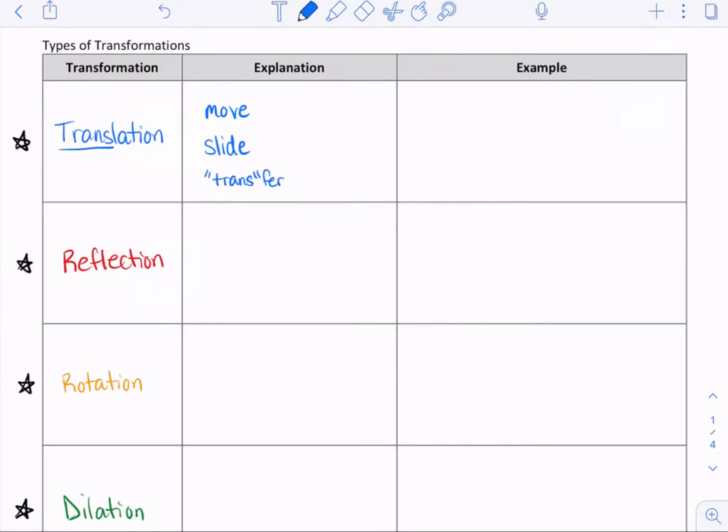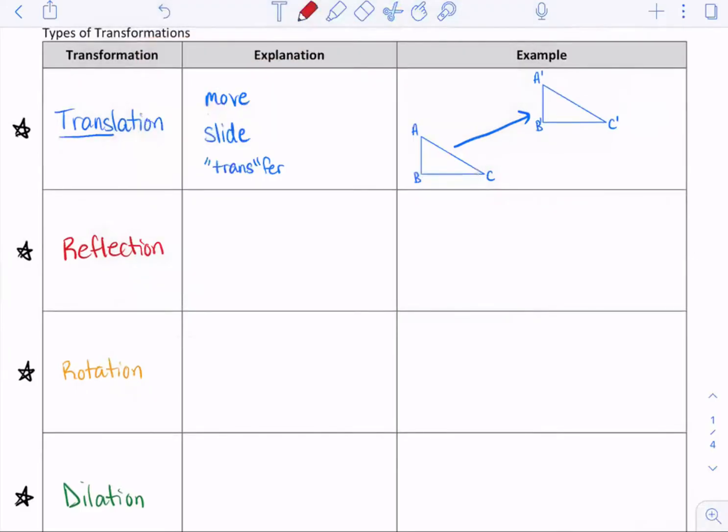So for example, if I have a triangle here and I have an A, B, C, after a translation, so I'm moving it up and to the right, it will end up, I'm actually just going to make this easy, copy and paste, here. But now, if you remember, it's called A prime, B prime, and C prime after something has happened to it, a transformation. So that's a translation. It's just a move or a slide where you transfer from one place to another.